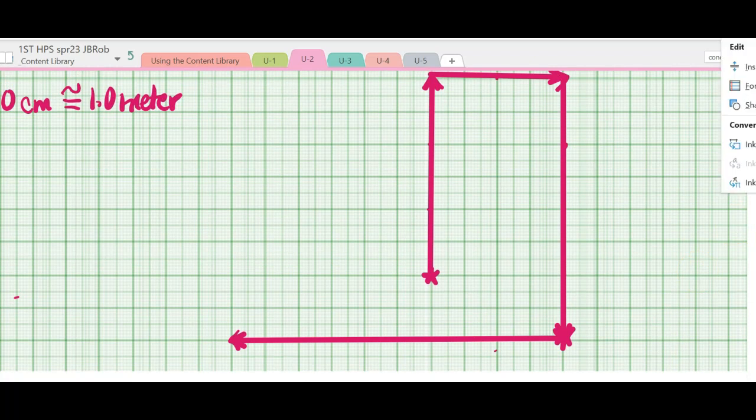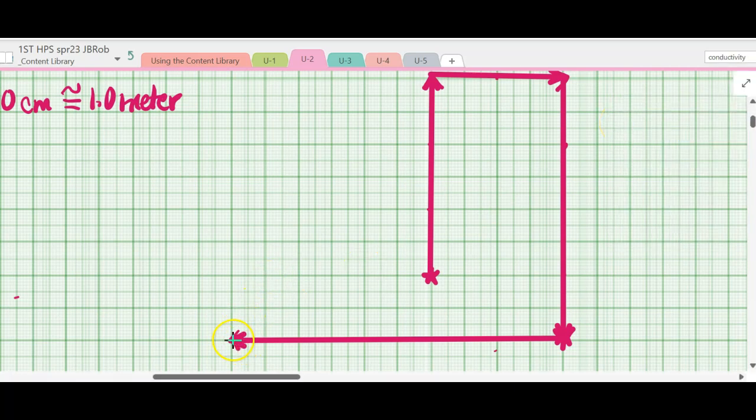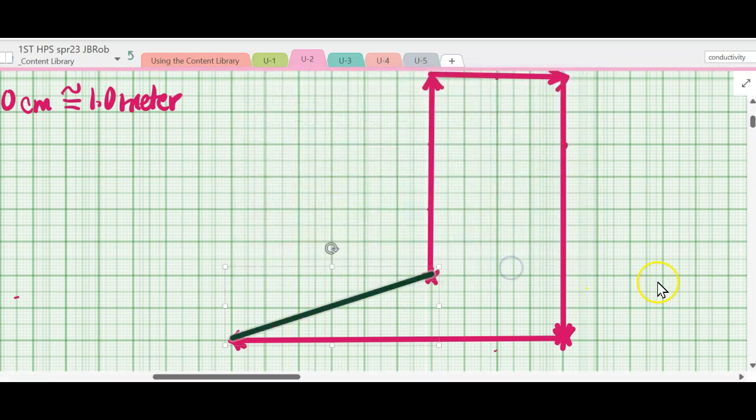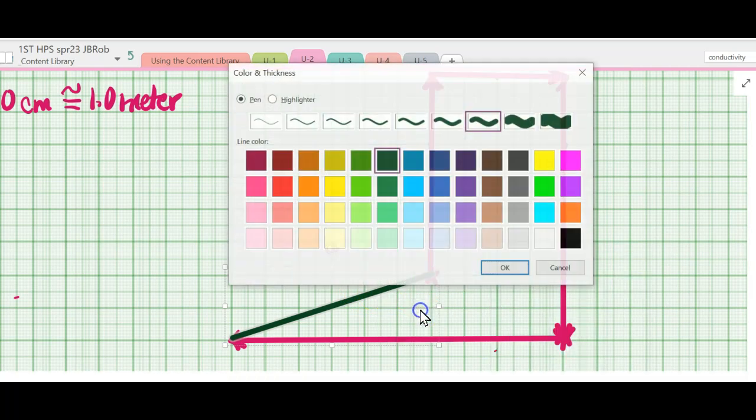Now I'm going to get that same shape and the same line, and I'm going to draw it from here to right there where they crisscross. Then when I click on this line, I'm going to change the color of it to this deep green. Now let's see if we could change pen properties.